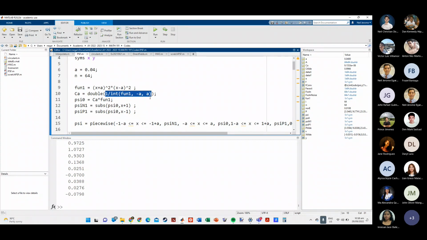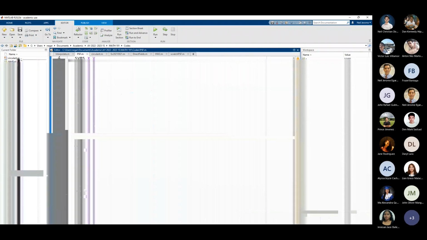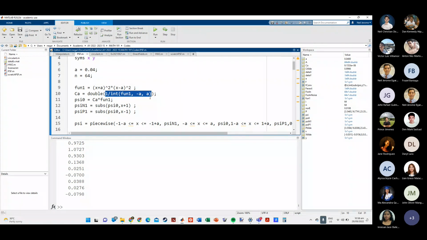Okay? Kaya lang, gusto kong gamitin si CA pagko-compute ng iba't ibang mga bagay, so I will convert the value of 1 over the integral na nakastore as a symbolic variable by default kay Matlab, i-convert ko siya sa double precision para maging number na lang yung 1 over the integral. Kasi otherwise, iti-treat niya yun as a symbolic variable, yung computations medyo tatagal. Kasi mas mahirap i-manipulate, or mas matagal mina-manipulate ni Matlab yung mga symbolic variables.